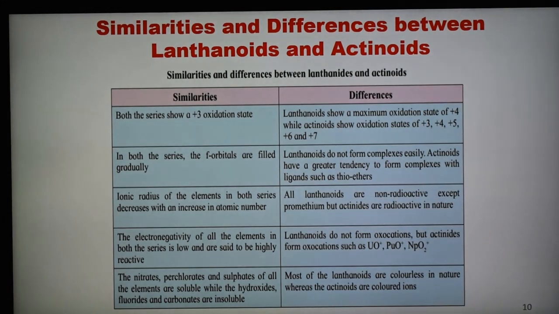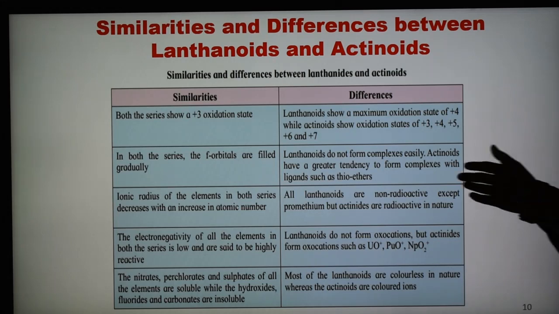Another point is all the lanthanides are non-radioactive except promethium, but in actinide elements the majority of the elements are radioactive in nature. So in case of lanthanide only promethium is radioactive, but actinide elements are radioactive.